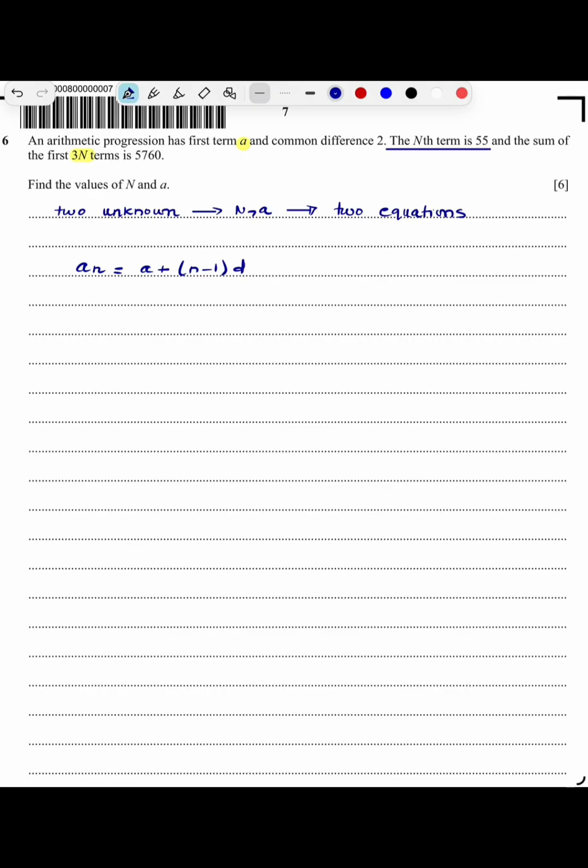Let's substitute: n is capital N, and d is given as 2. So we substitute the value 55 on the left hand side. This becomes a plus 2n minus 2. So therefore we get a plus 2n is equal to 57.